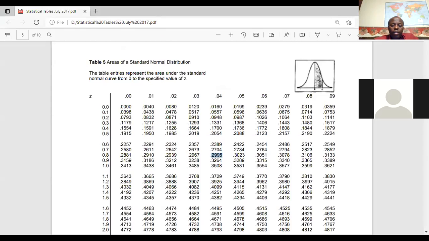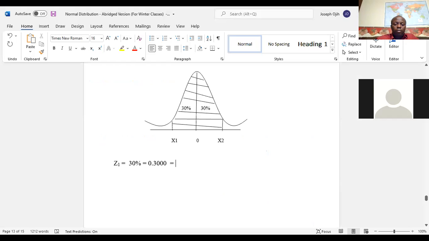So 0.84. Now you know that the z value for z1 is for x1, so it's on the left side. So you're going to have negative 0.84.